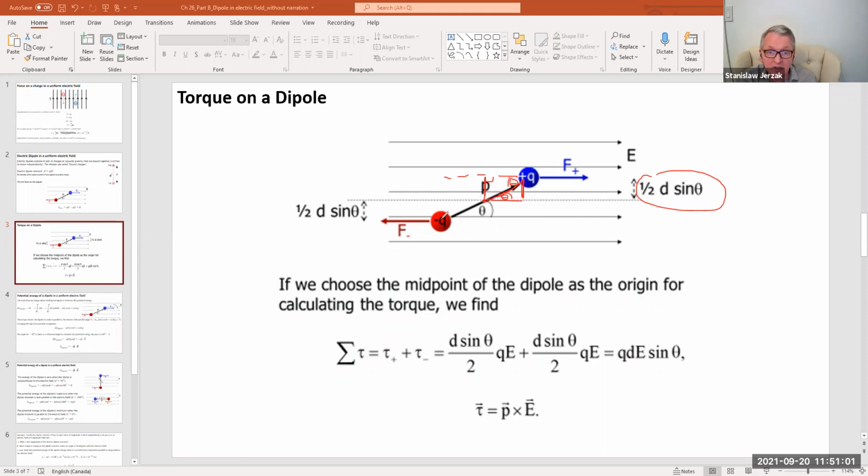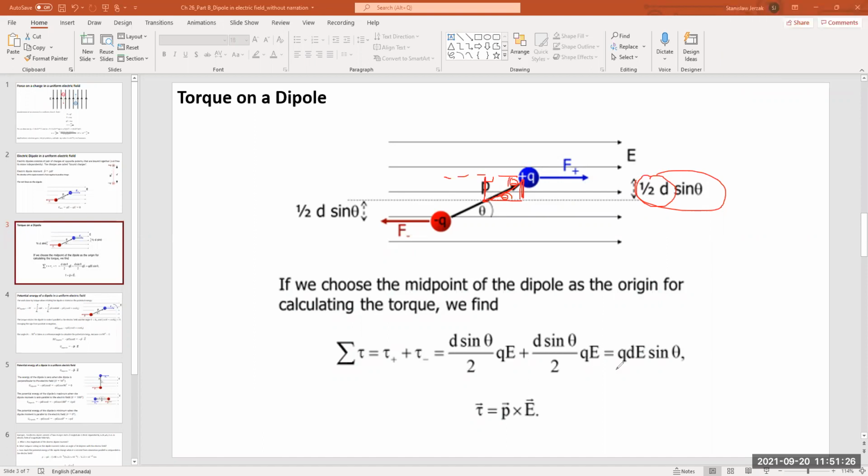Remember, d is the distance from negative charge to positive charge. And because the moment arm is opposite to theta, I have to use the sine function, right? So the moment arm, which is opposite to theta, is the hypotenuse 1/2 d times sine theta. Did I answer your question? Yes, you did. Thank you.